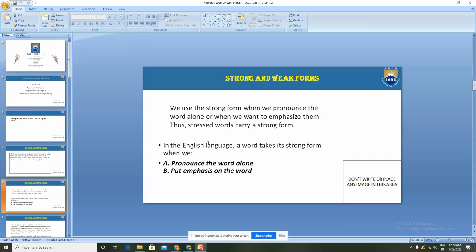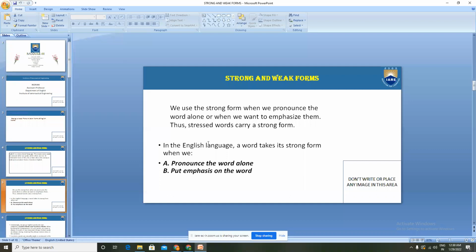So some words we are not pronouncing with force, and for some words we are putting force. The words for which we are not putting force when pronouncing, we call them the weak forms of the words. The words we give force to when we pronounce them are called the strong forms.